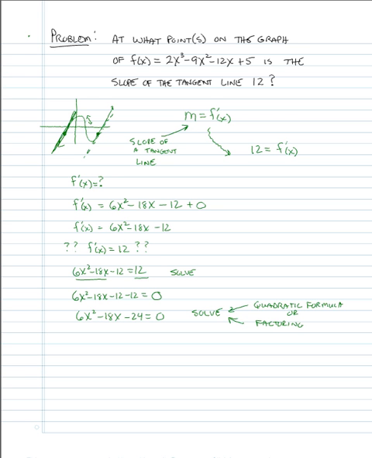But because we have such large numbers here, that's going to be kind of tedious factoring. Now, what I'm noticing is that if we look at every term, we have a 6, an 18, and a 24, and all of those are divisible by 6.